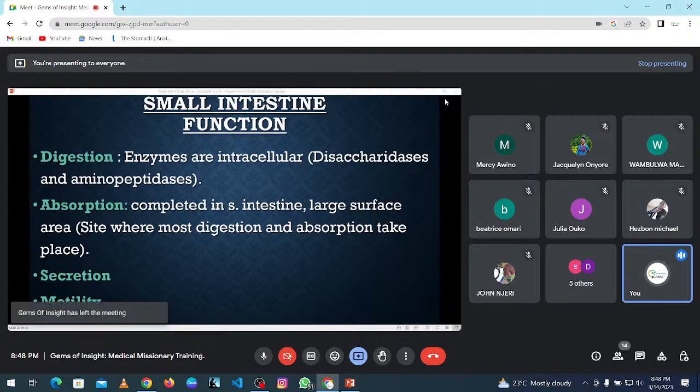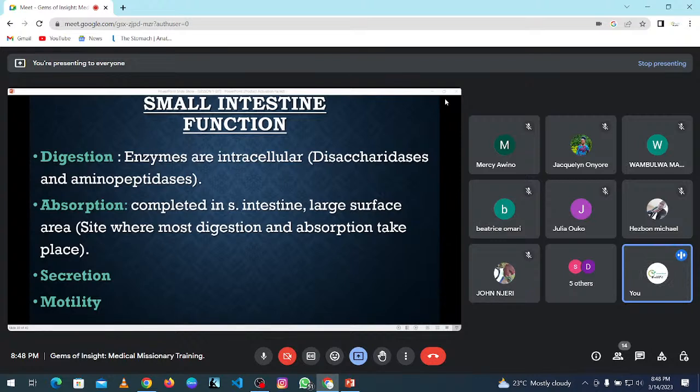We have digestion, and there are enzymes that are responsible for these digestions. And when an enzyme is used in the digestion of food, then that is a chemical process of digestion. So intracellular, I believe we know what that means.